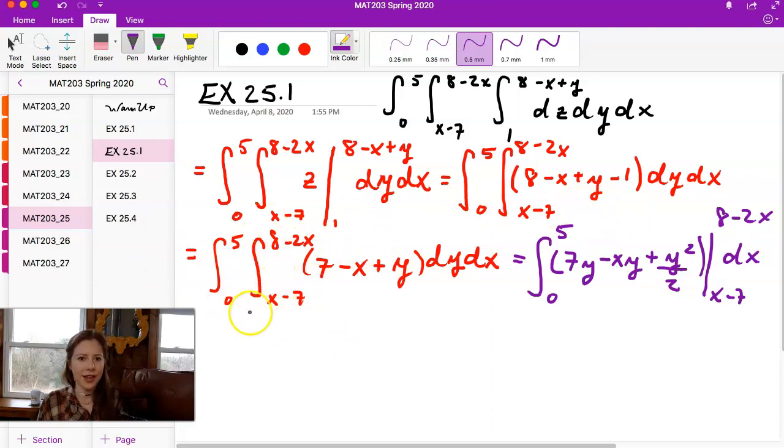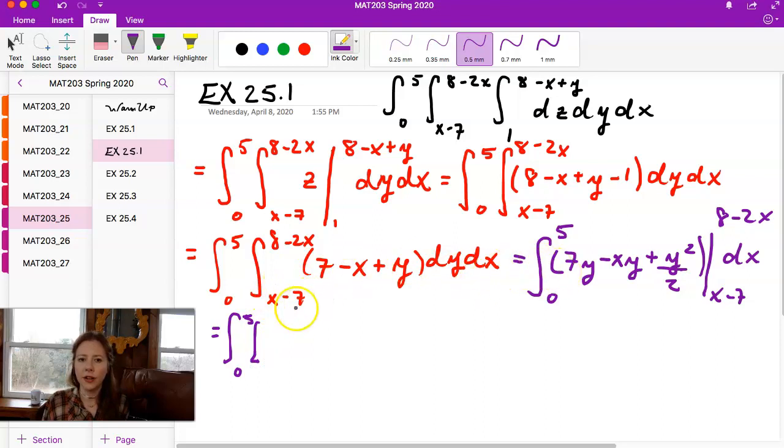Okay, so you can see this starts to get a little bit messy kind of quickly. And so now let's plug in. So we have from 0 to 5. And let's start then.